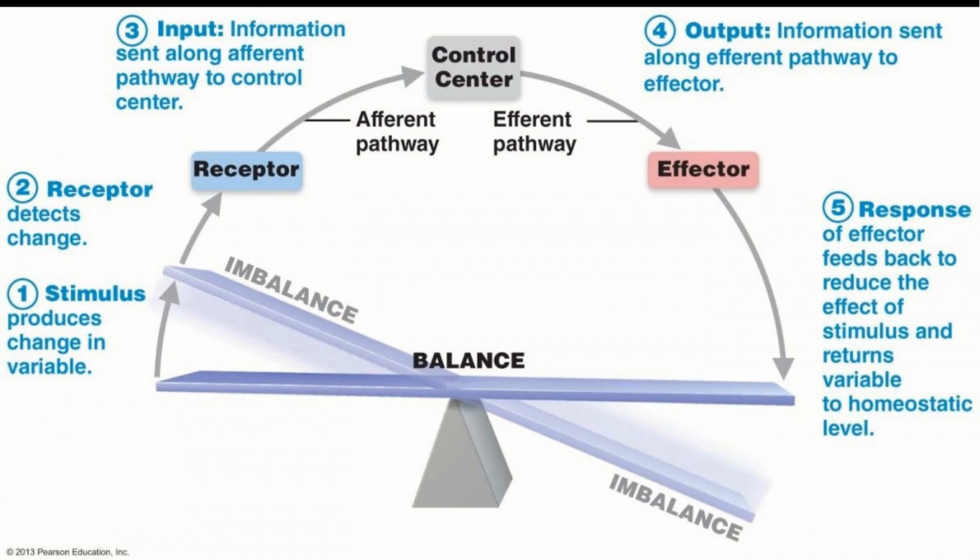Usually we have a situation where we have to respond differently if the stimulus varies in one direction or the other. And that is really important for protecting the body.